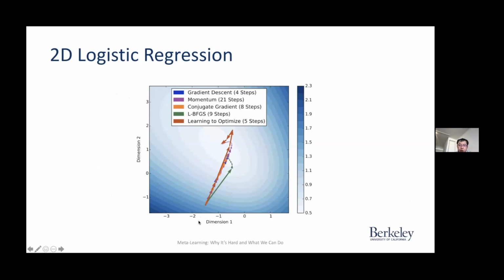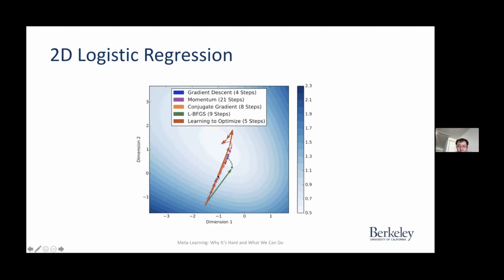Now we're going to be visualizing what the different iterates are in the parameter space. Here we can see these red arrows correspond to the different updates of the learned optimizer.